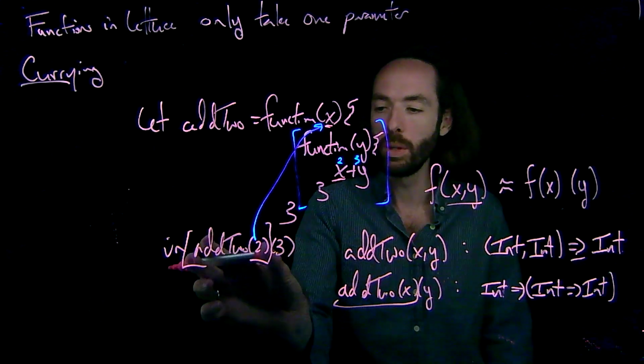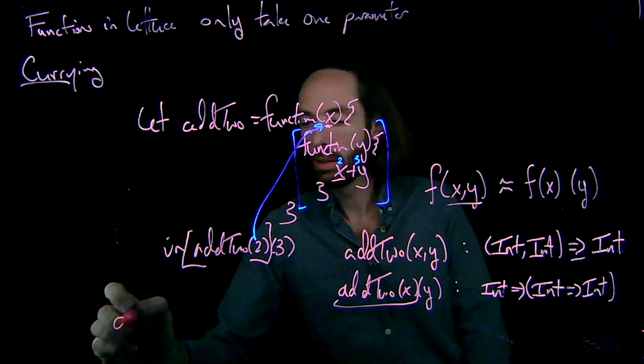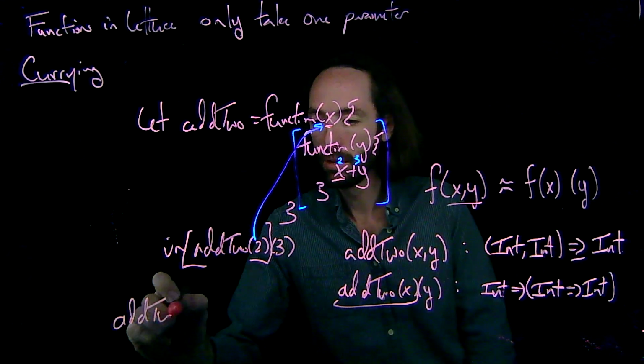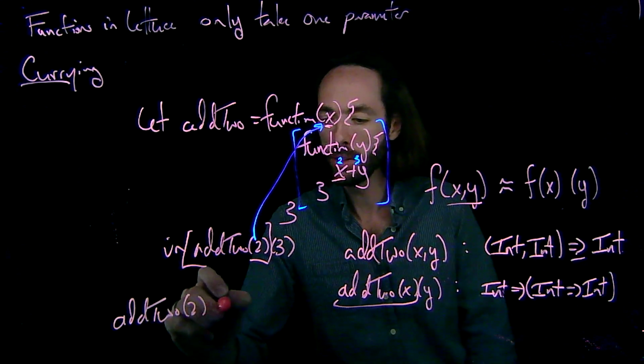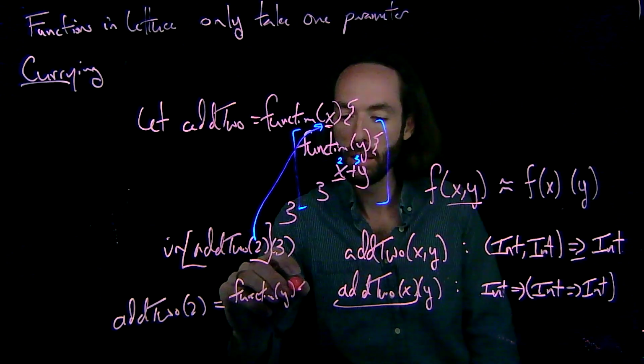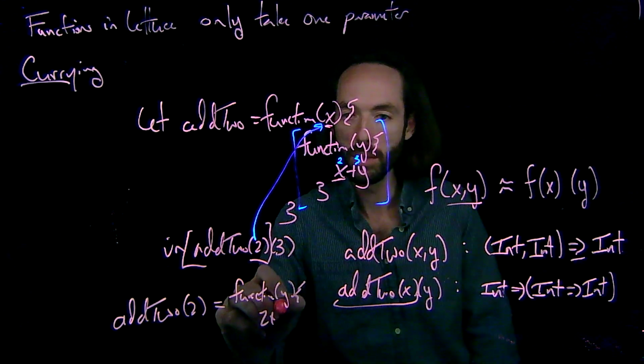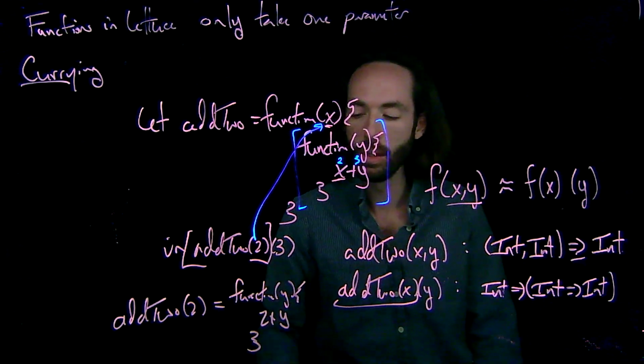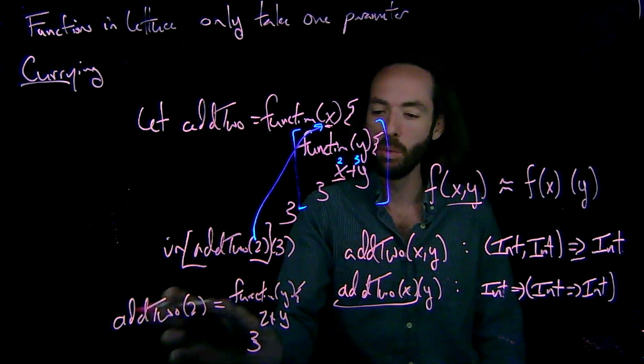Because again, what does add2 on 2 actually give us? This is a function on y with 2 plus y. This is exactly what this means.